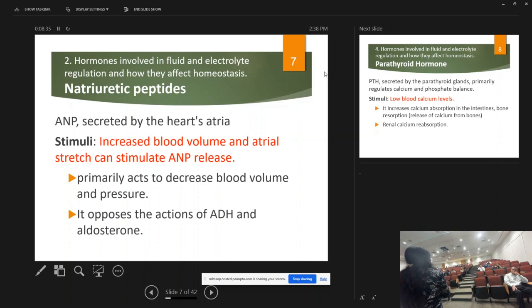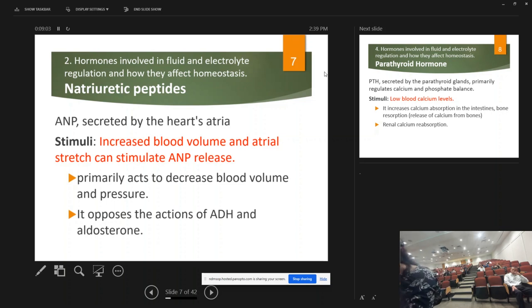So your osmoreceptor will not get stimulated to release ADH if you already have corrected the volume. If the water needs to be excreted, the osmoreceptor is not going to be stimulated. So if the osmoreceptor is not stimulated, you won't release ADH as much. There will be some release, but not as much.